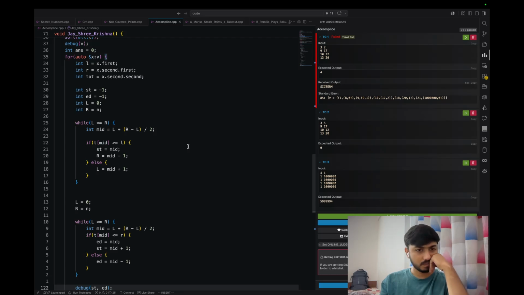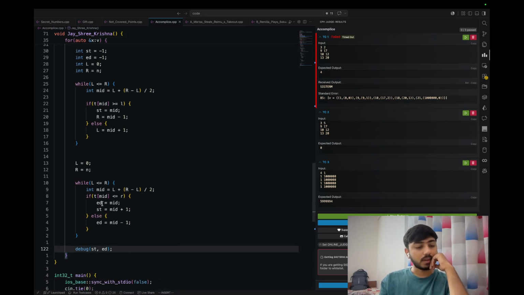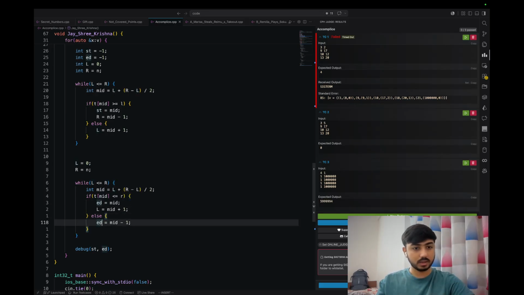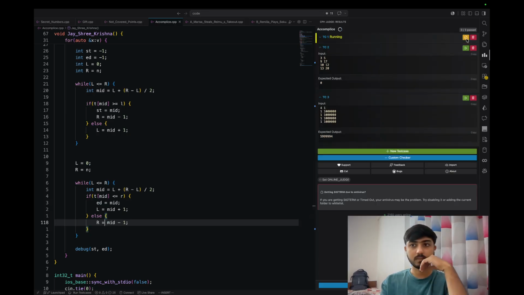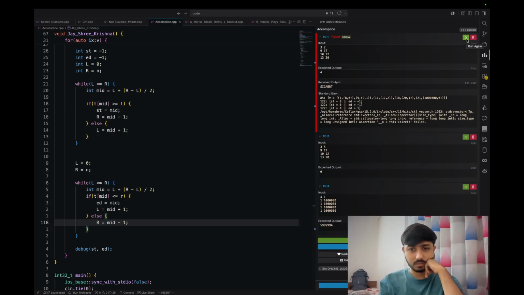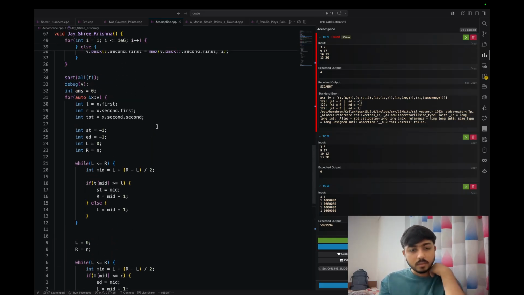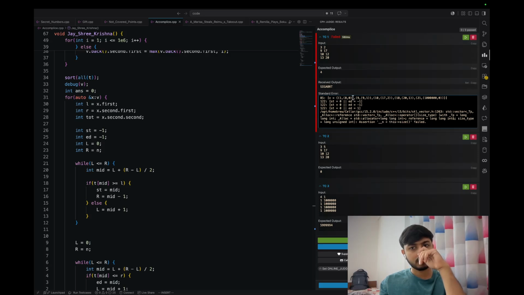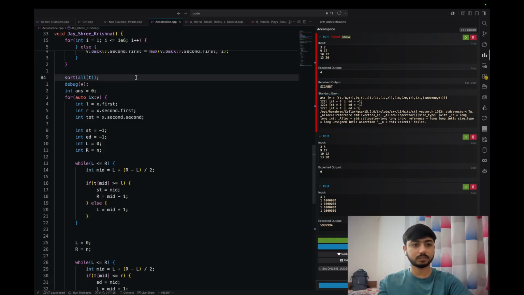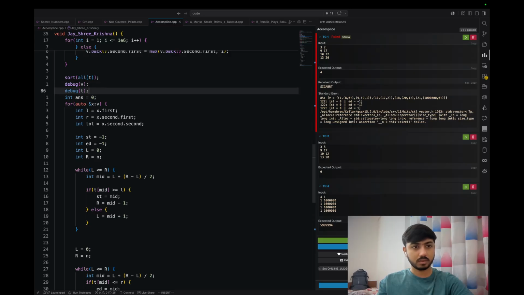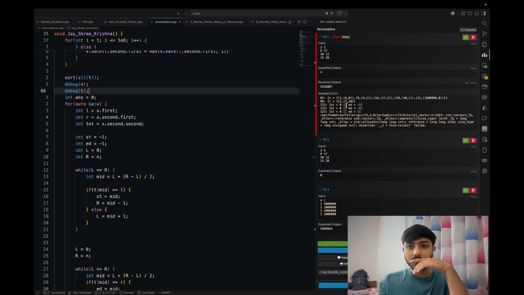Something is wrong here. This is L, this is R. What just happened? 12, 17, and 20.